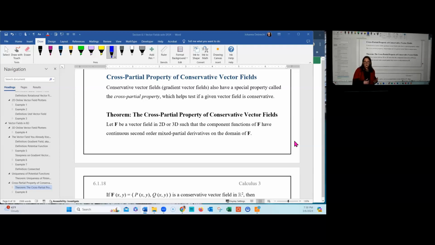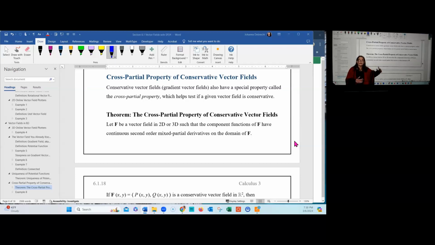And this is called the cross-partial property of conservative vector fields. If it is a conservative vector field or a gradient vector field, it does have this property called the cross-partial property. However, there are vector fields that have the property but are not conservative. It's a one-way implication.